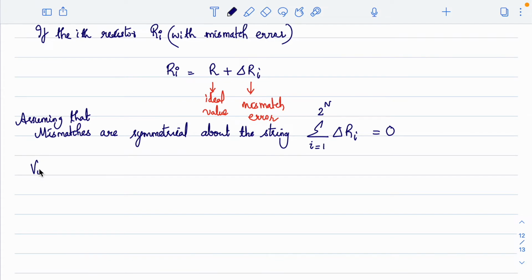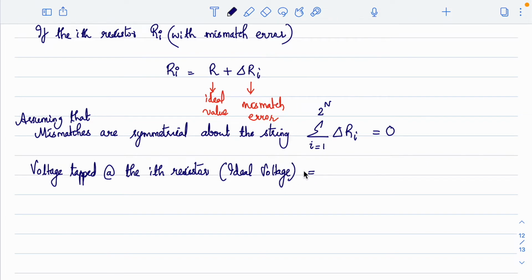now if I write the voltage tapped at the ith resistor, I'll write the ideal value of the voltage tapped at the ith resistor. How can I write the ideal voltage tapped at the ith resistor?